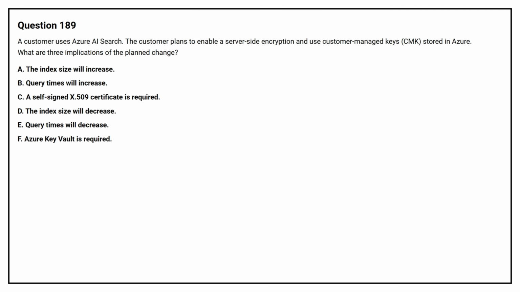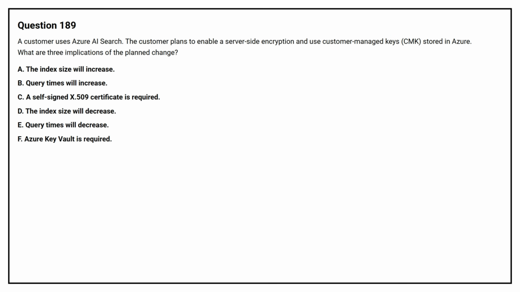Question number 189. A customer uses Azure AI Search. The customer plans to enable server-side encryption and use Customer Managed Keys (CMK) stored in Azure. What are three implications of the planned change? Option A, the index size will increase.